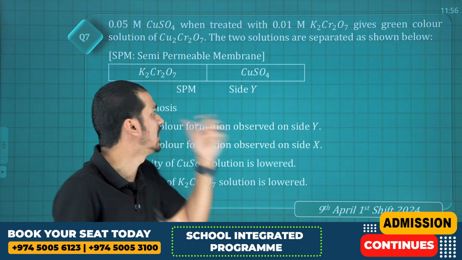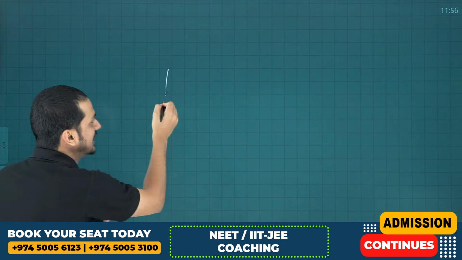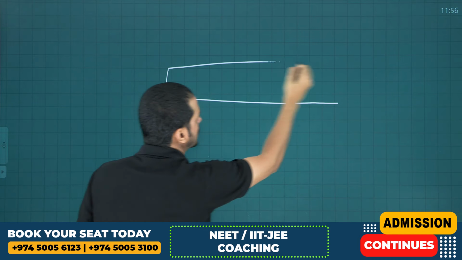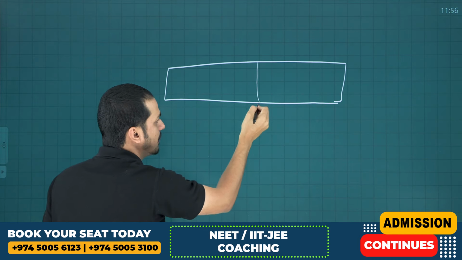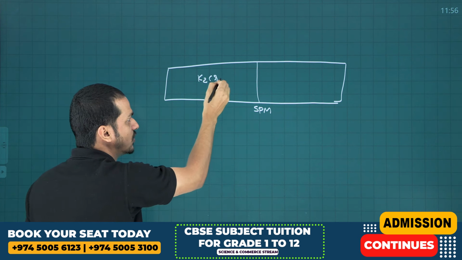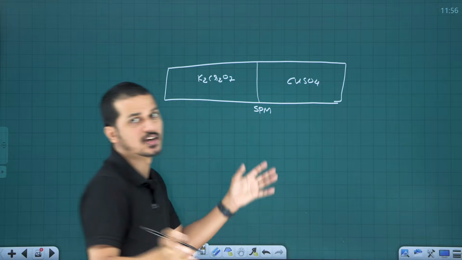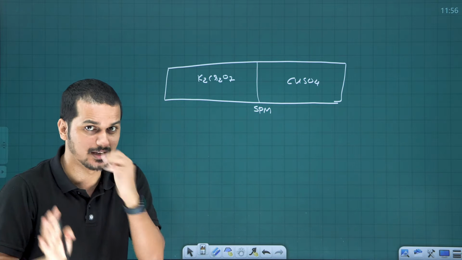No need to think about that. They have already given a diagram here. Here a semi-permeable membrane is there. Here you are taking K2Cr2O7 solution and here you are taking copper sulfate solution. Once they mix, you will get green color.